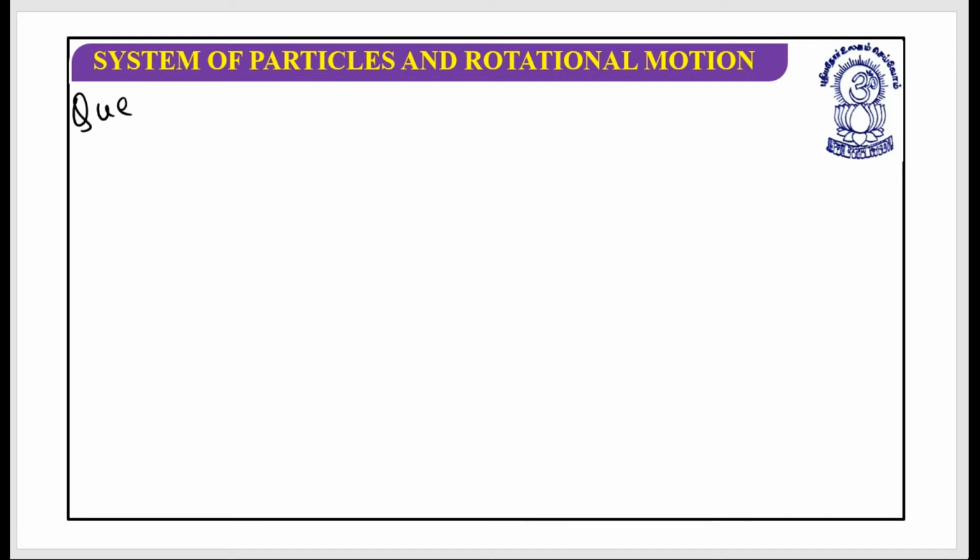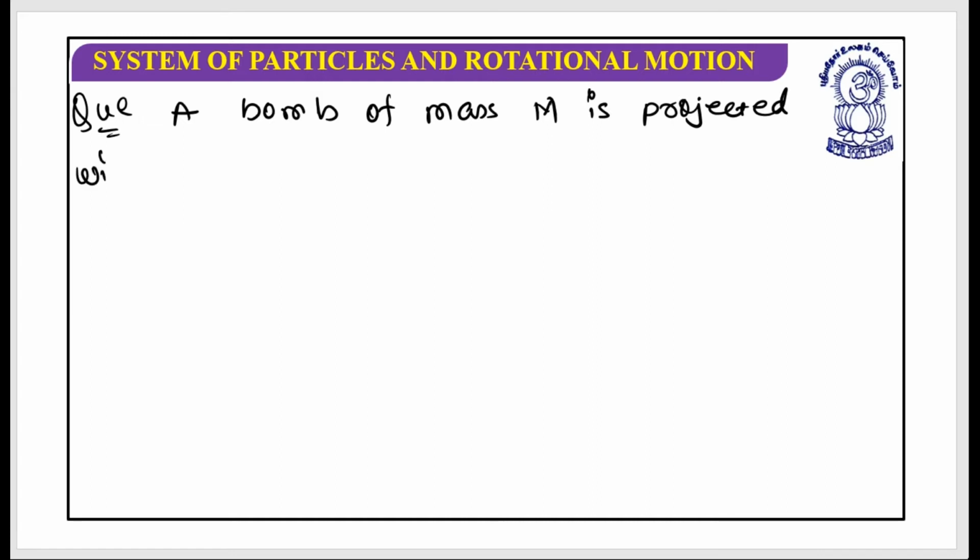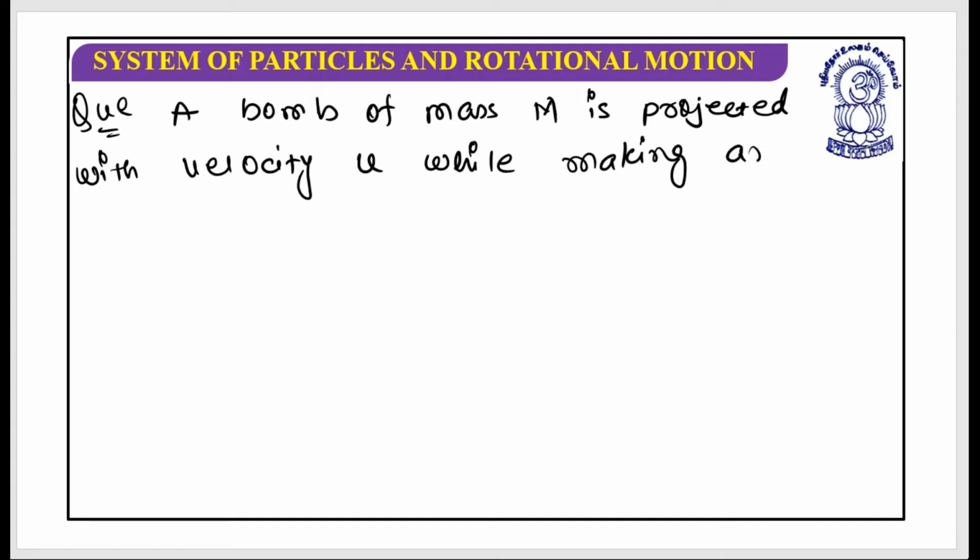Suppose the question says that a bomb of mass m is projected with velocity u making an angle theta with the horizontal.